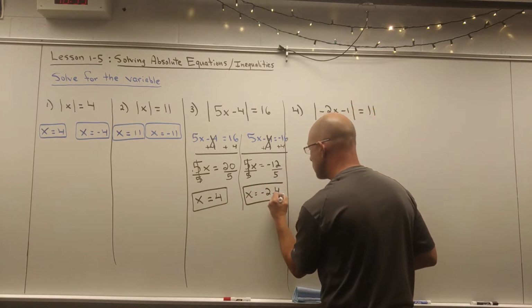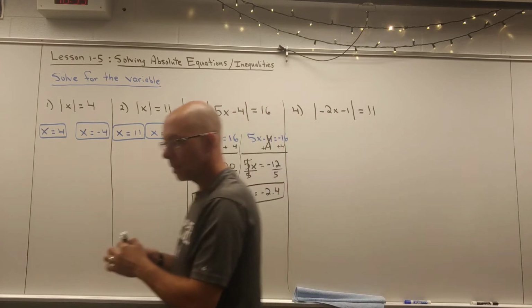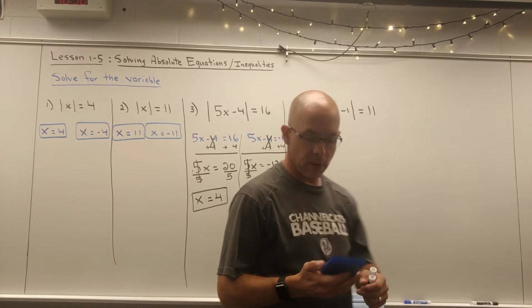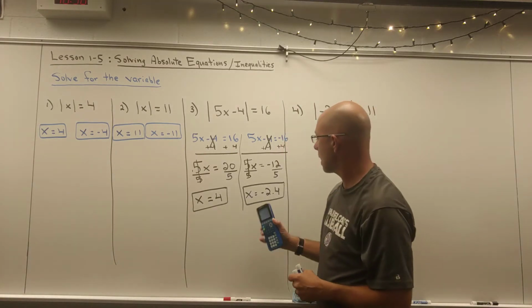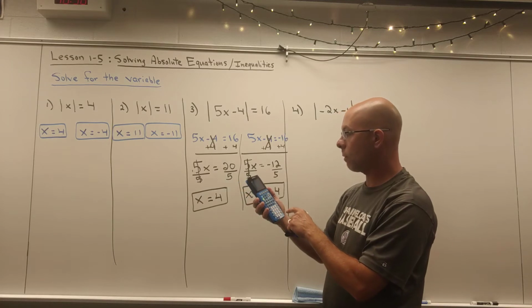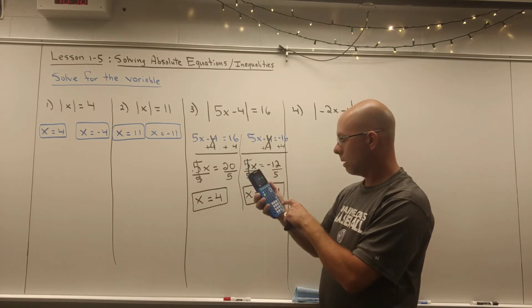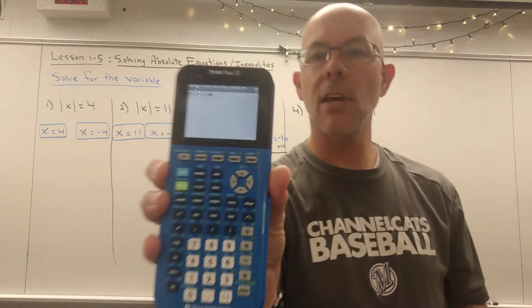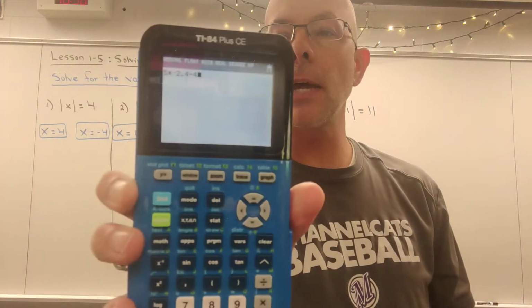Now this one's not as friendly to check. So I can get out my calculator if I want to do a good accurate job and say, hey, what's 5 times negative 2.4 minus 4? Okay, 5 times negative 2.4 minus 4.